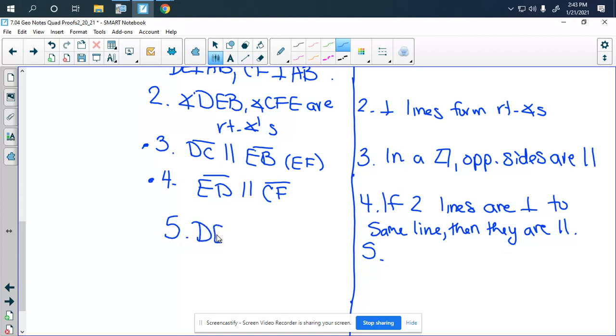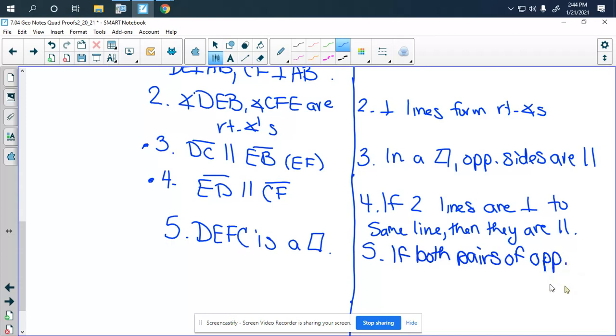So I can now say that DEFC is a parallelogram. Why? If both pairs of opposite sides are parallel, the quad is a parallelogram.